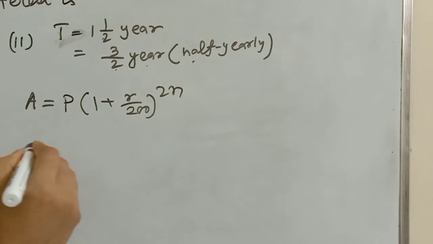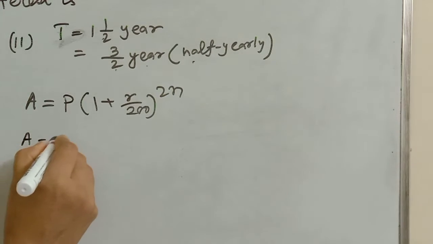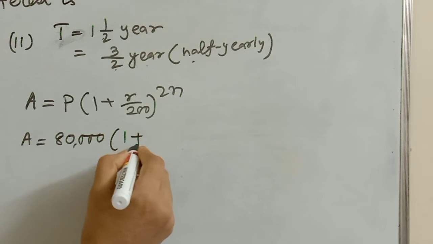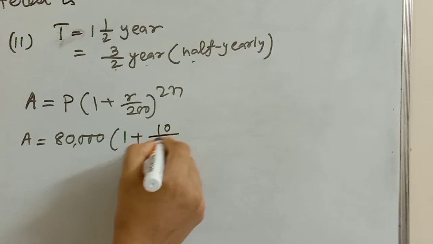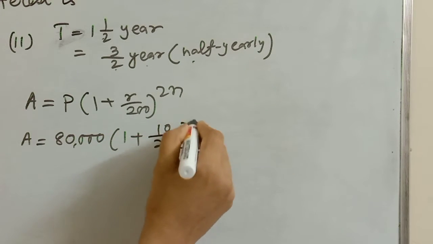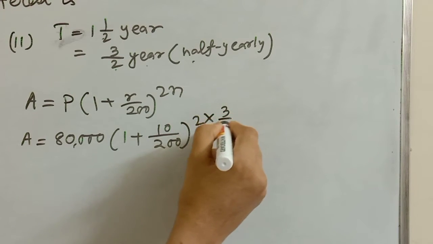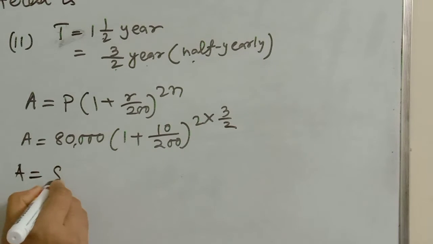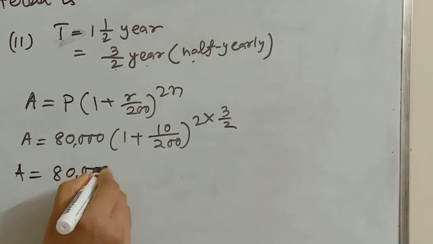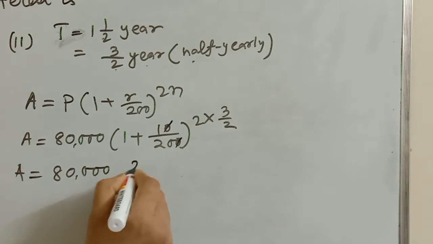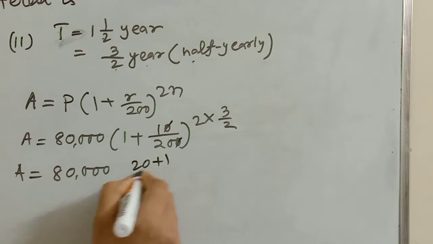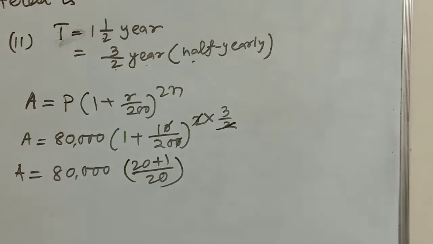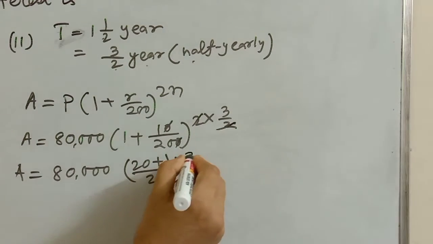Now amount is equal to principal, means 80,000 into 1 plus r by 200, r means 10 by 200, whole to the power 2 into 3 by 2. Amount is equal to 80,000 into 1 plus 1 by 20, and you can see that 2 and 2 can be cancelled and it is 3.